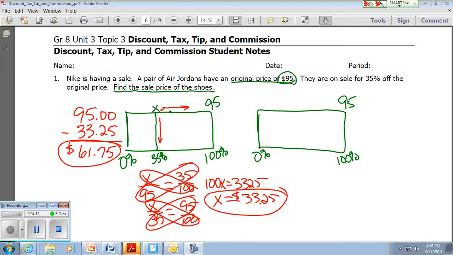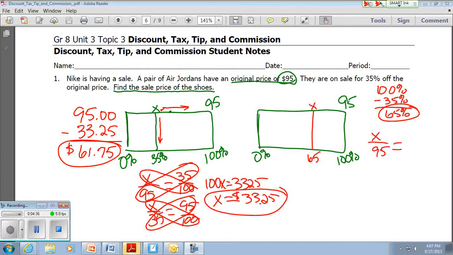All right, if I did it the other way, I would subtract 35% from 100%. It's 65%, and this is the amount that I'm paying. So the 65% would be about right here. Looking for that, so I can set up my proportion.